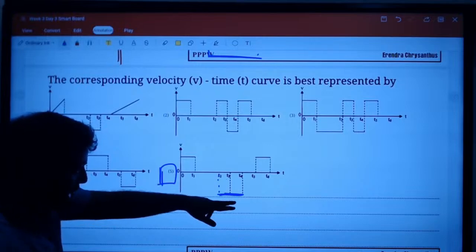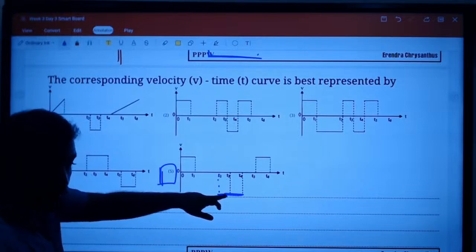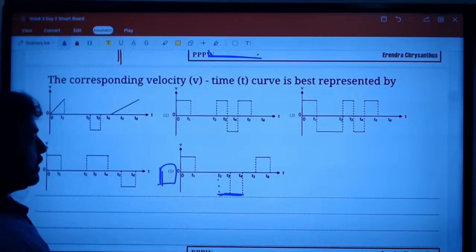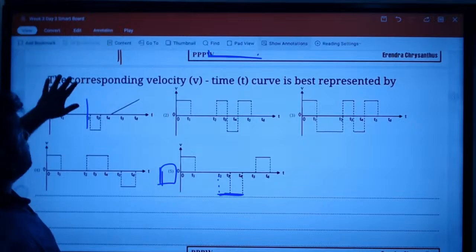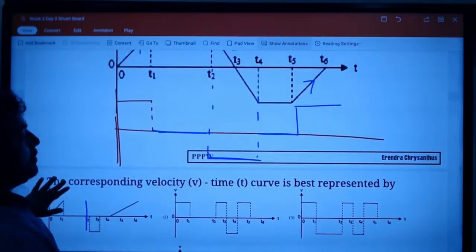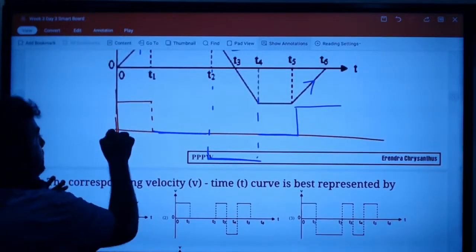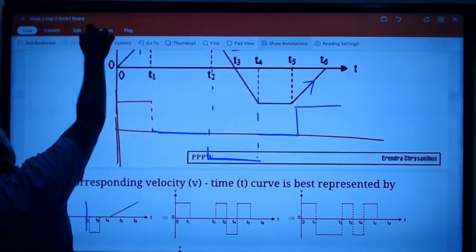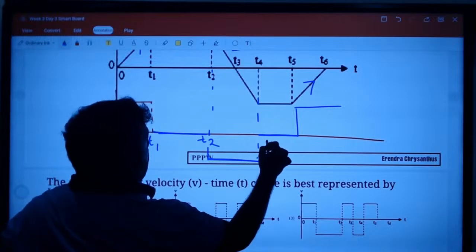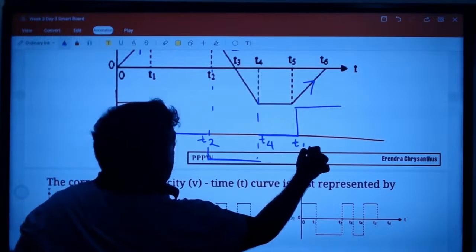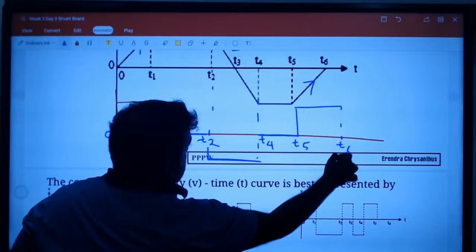There is a small typing error. From here to here. Then correct. Because even the one I drew here, correct, no? 0 to T1, T1 to T2, T2 to T4, T5, T6.